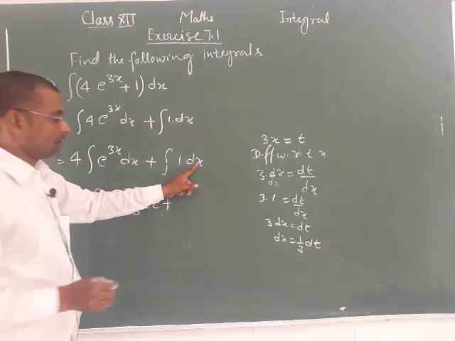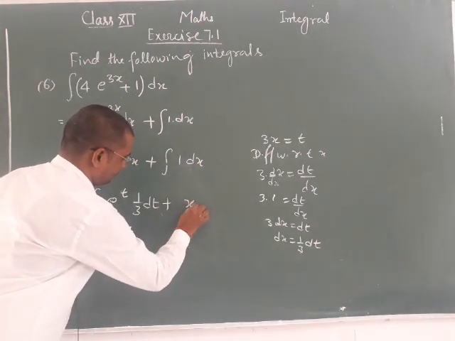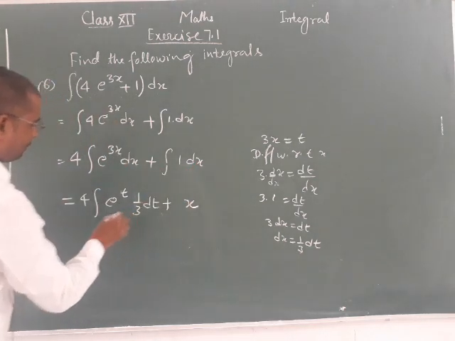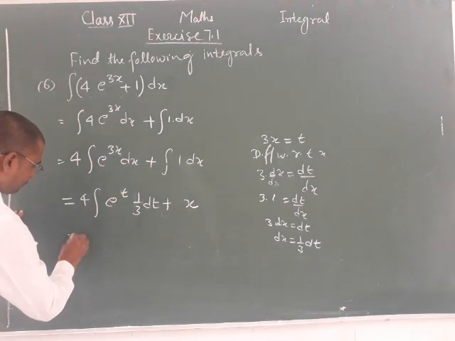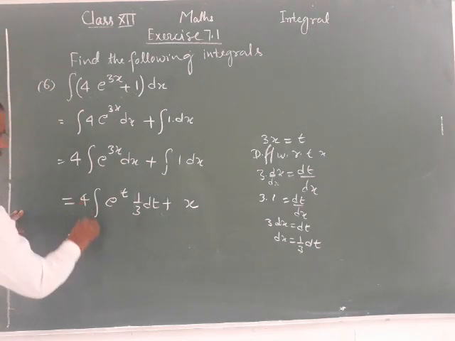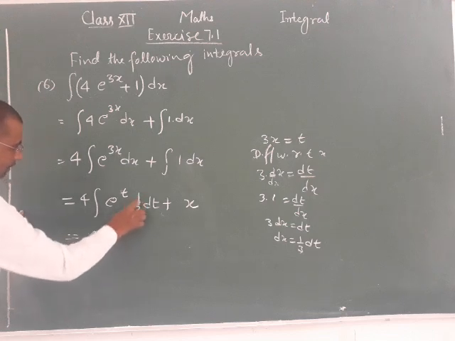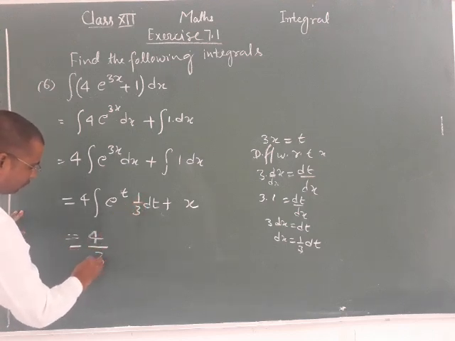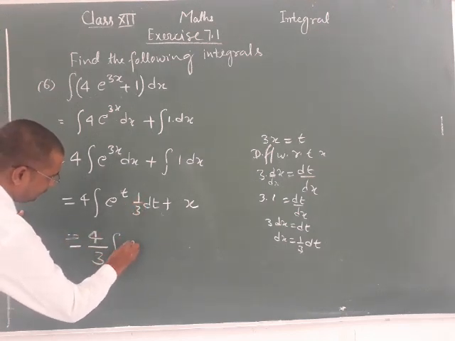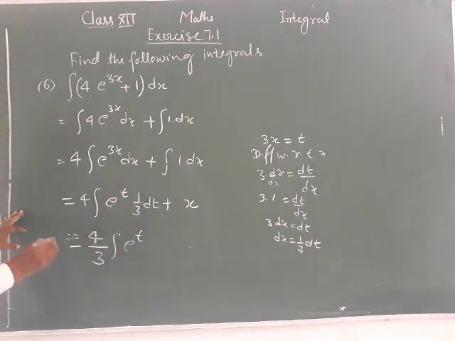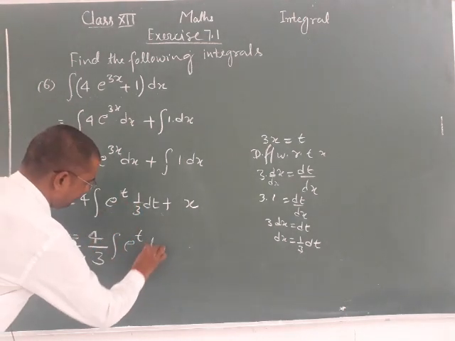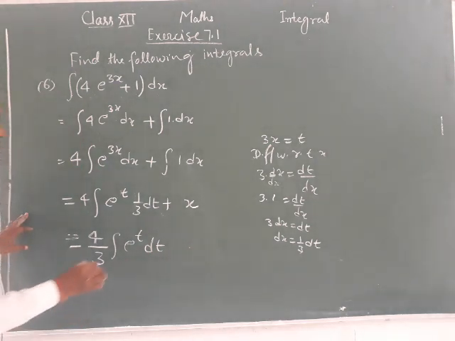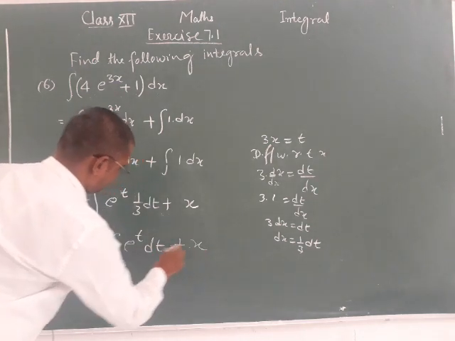dx is equal to x, and 4 and 1 upon 3 common out, so 4 upon 3 integration of e raised to the power t dt, plus x.